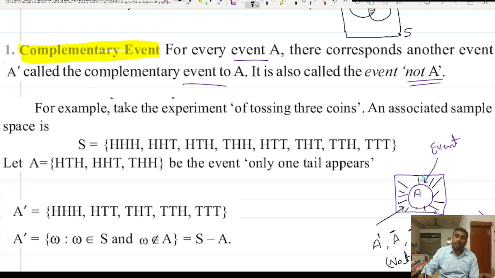Okay, so this we have shown you using the set theory method. Now let us see the examples here.